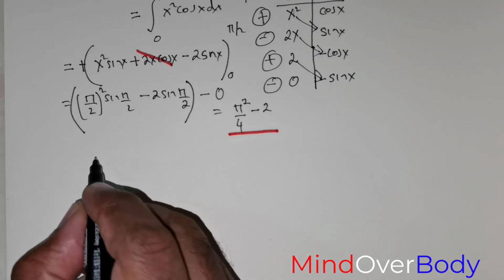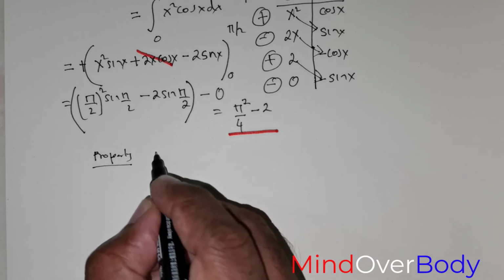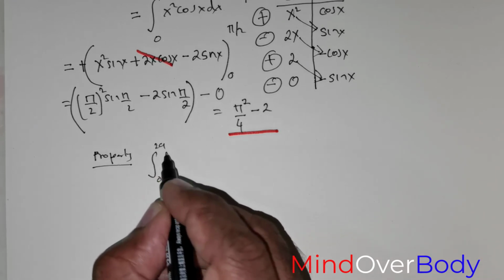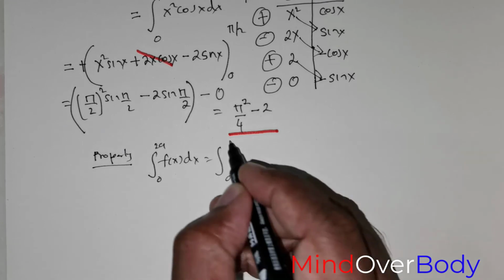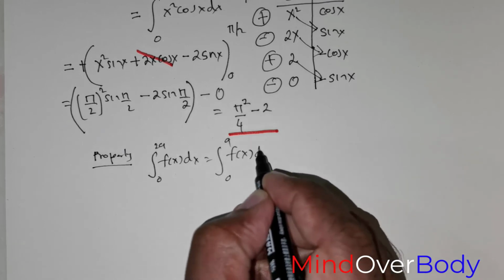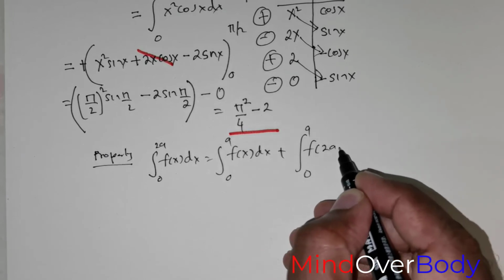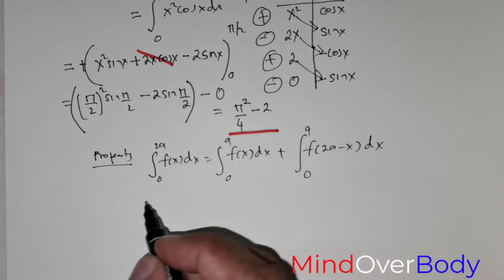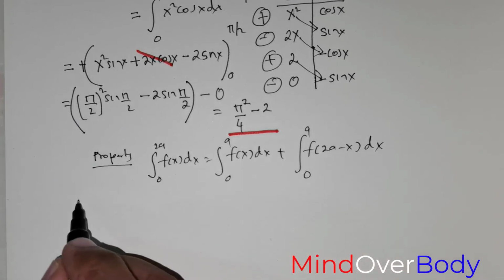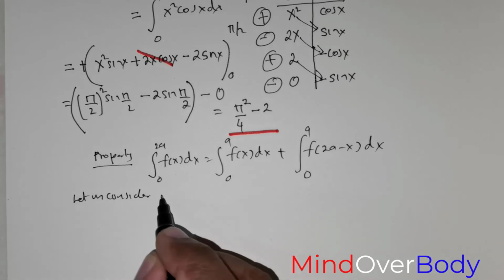Students, we are going to see another important property which is stated as follows. Integral 0 to 2a f of x dx is equal to integral 0 to a f of x dx plus integral 0 to a f of 2a minus x dx. Now I'm going to show you the proof here. So foremost, let us consider the left hand side.